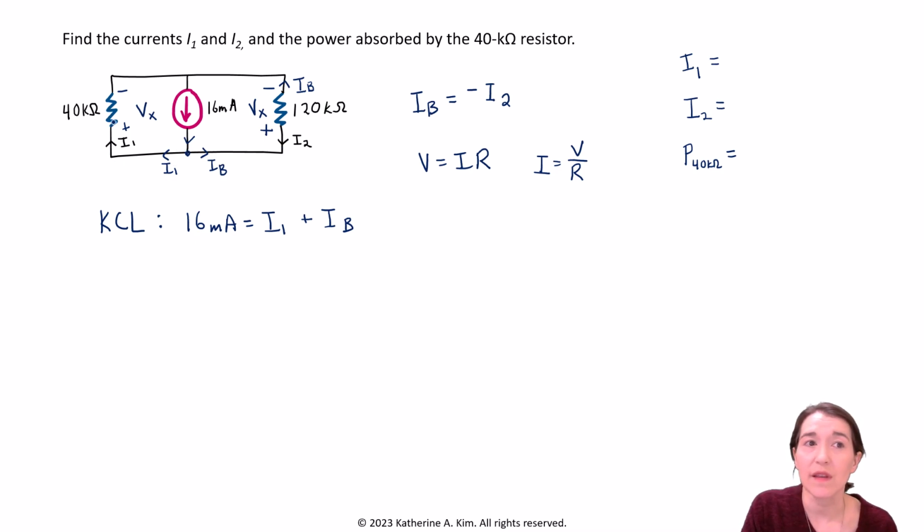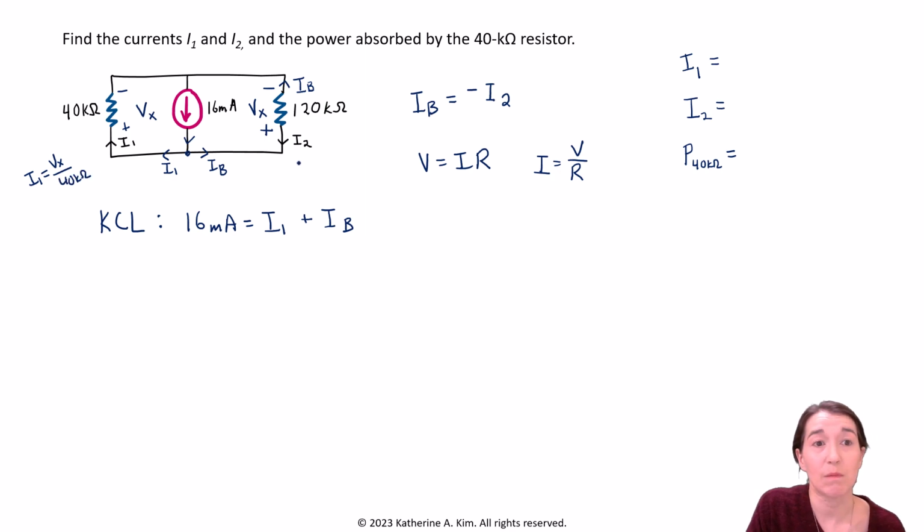And I know the resistances, and actually, look, I also know the voltages because I named them. They're both going to be the same because these are in parallel. So the voltage over each of the resistors is going to be Vx. So what we can do is rewrite each of these. We can write I1 equals Vx over 40 kilo ohms.